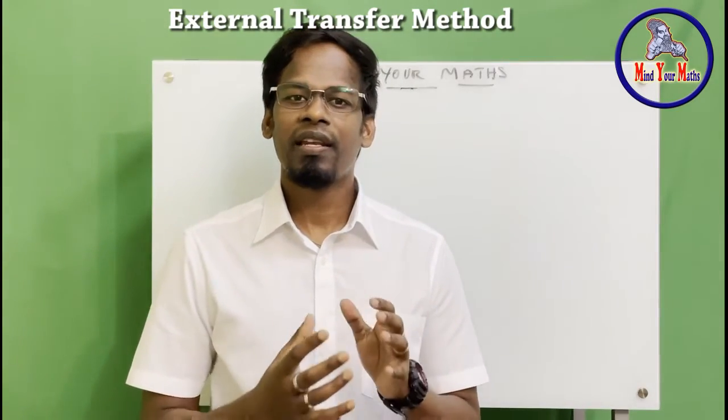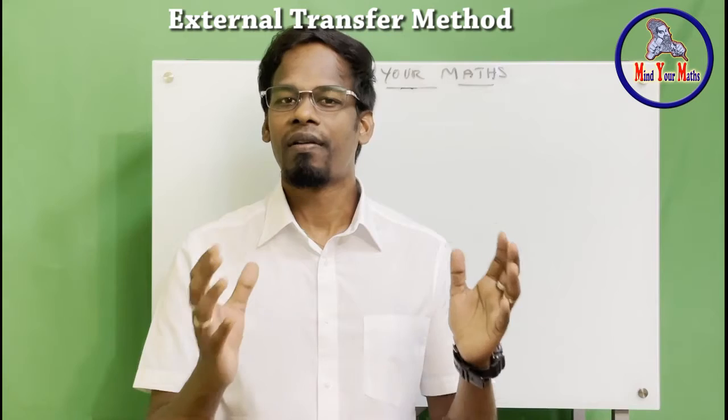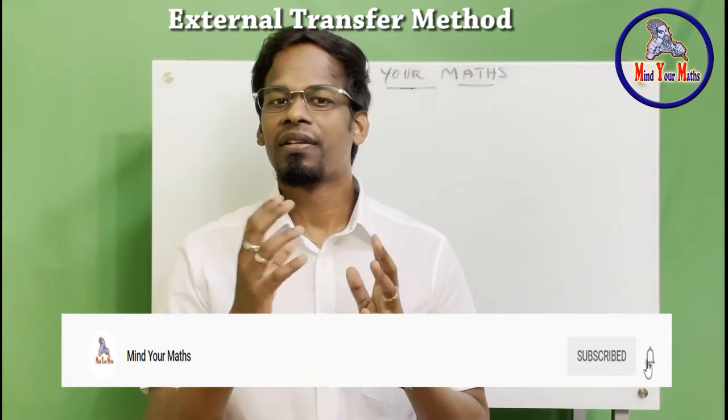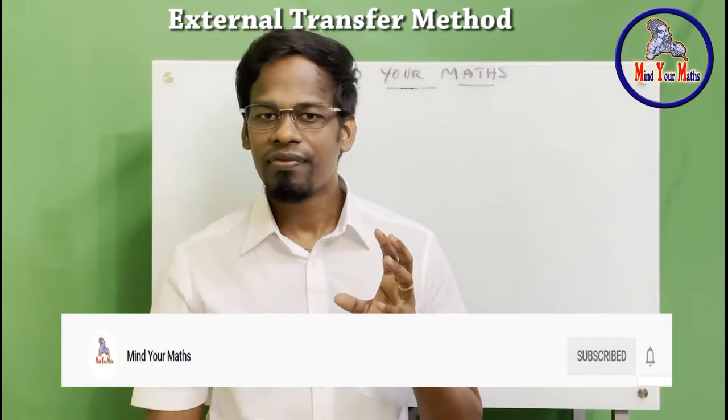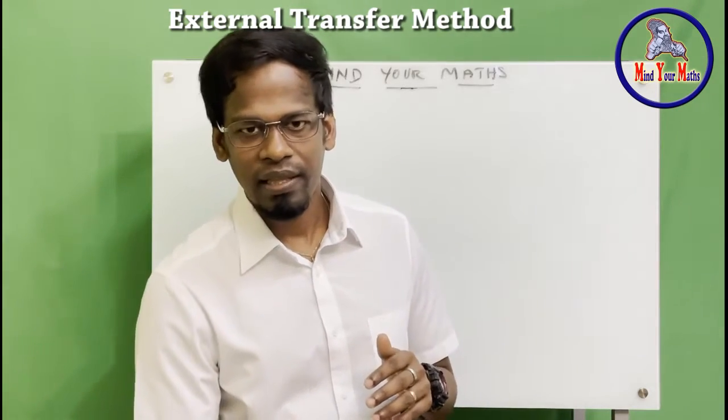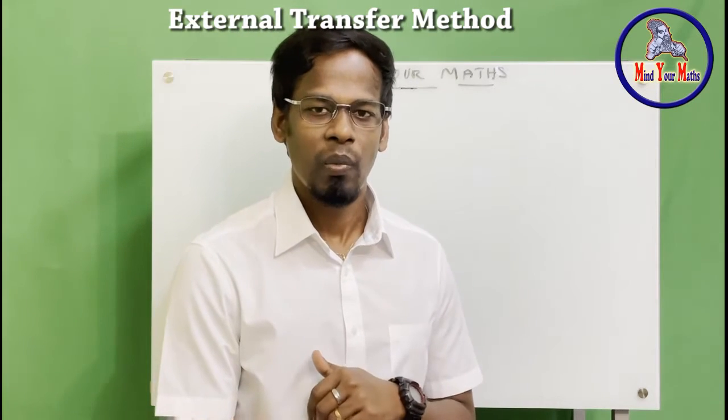And then it is compared between two people or three people. That is what I mean by external transfer. Something goes out of a person's hand. I'll just read out this problem, and then when we solve it you will understand more.